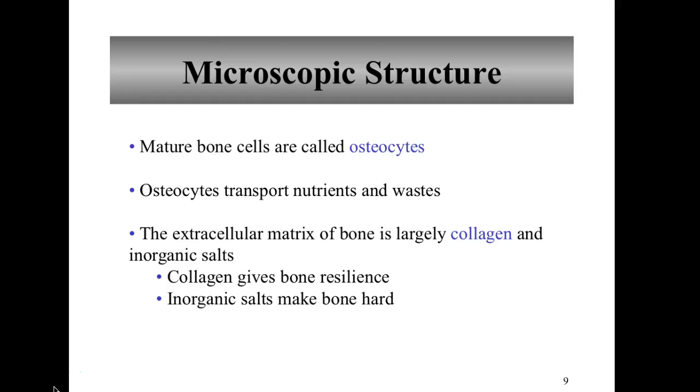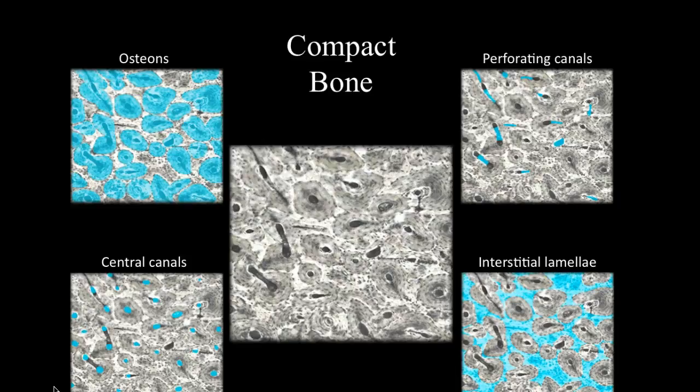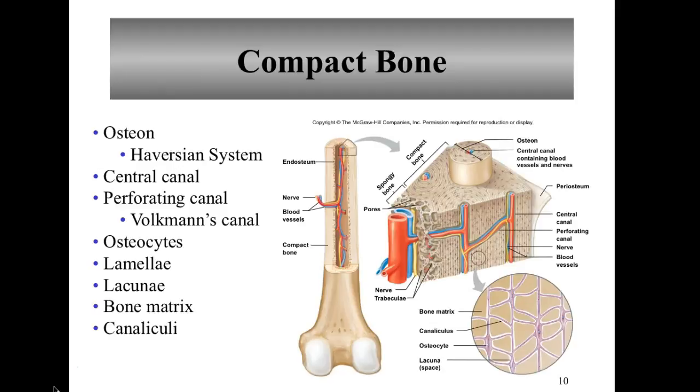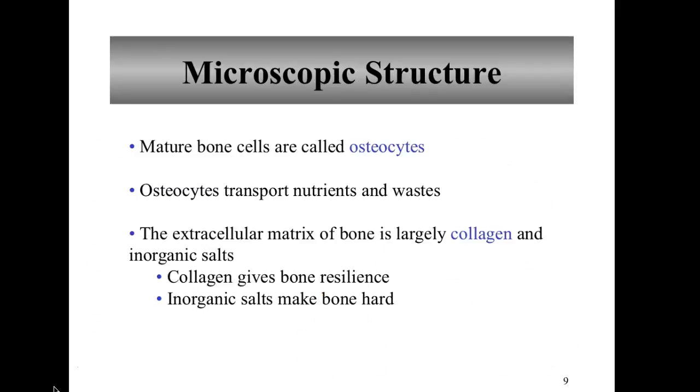You also have osteoclast. We'll come back to that. You also have osteoclast, and basically that's going to function in bone reabsorption. So osteoclasts destroy bone or destroy that bone matrix, and that's important in developmental growth and maintenance, and also repair of our bones.